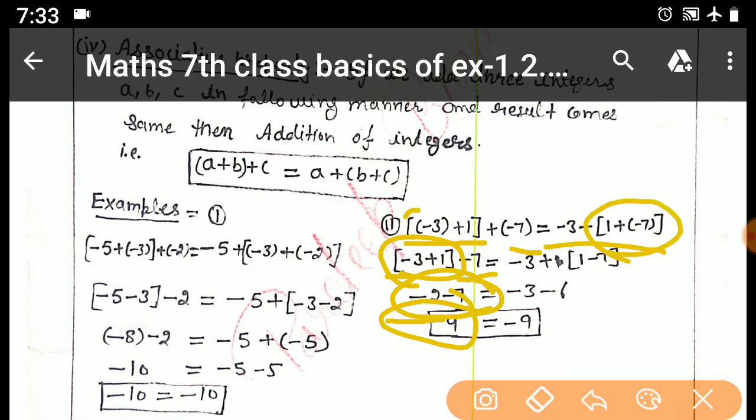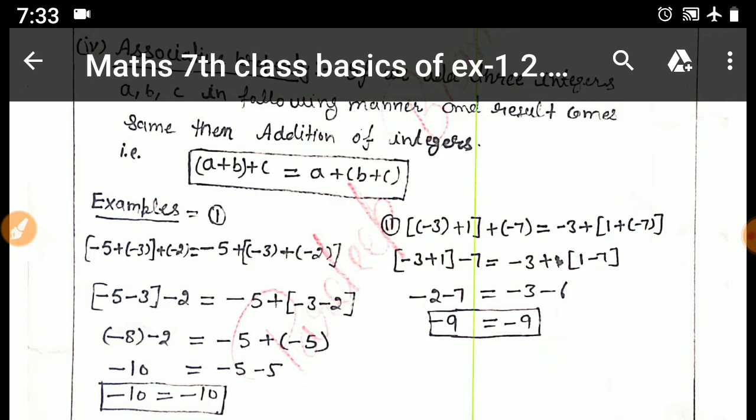First of all we will add this one: 1 plus into minus 7, and 1 minus 7 will give us minus 6, and minus 3 will give us minus 9. Okay, both the results are the same, that's why integers are associative.